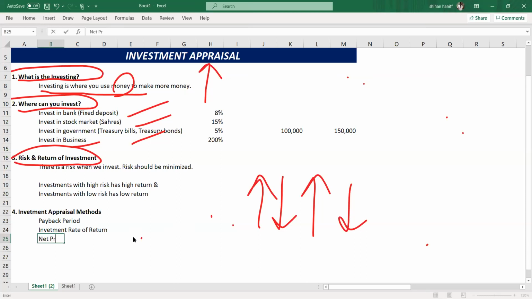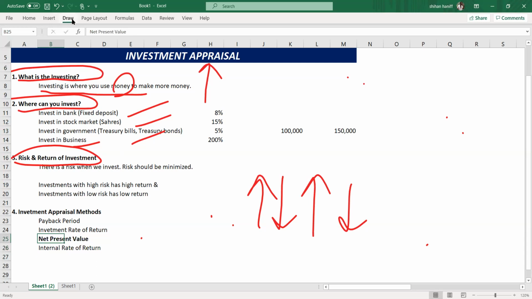Finally, internal rate of return. So mostly you get questions from NPV.